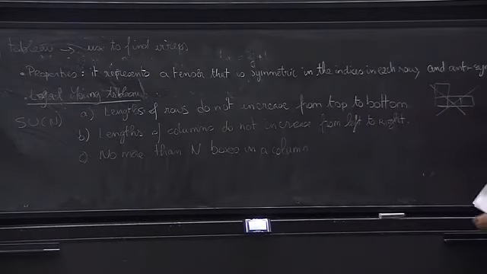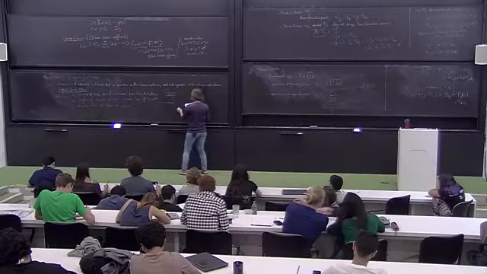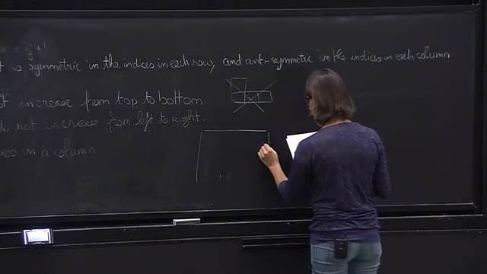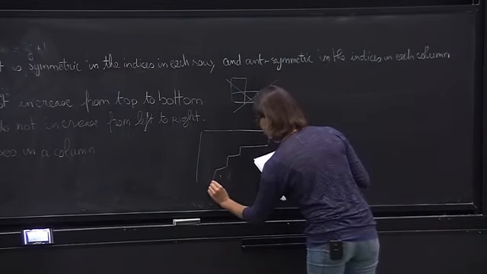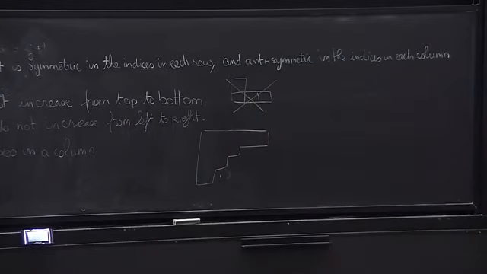In other words, it's always going to look like an inverse staircase. Each row has at most as many entries as the previous row, and it's the same for any column. So you will have something like this. This kind of drawing is going to be valid.